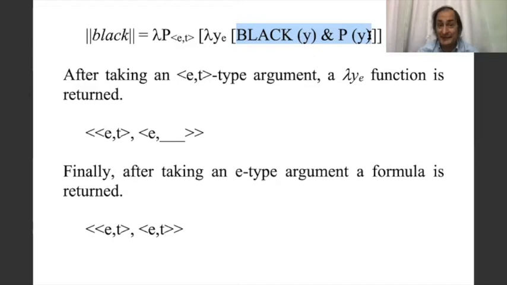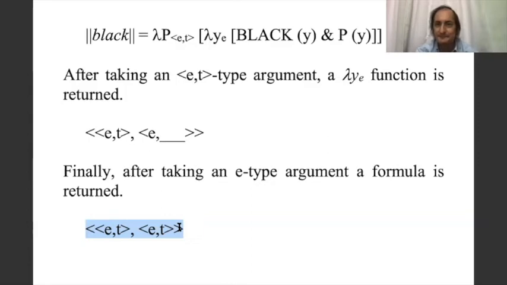Finally, after we give it that E-type expression, we get back a formula, the highlighted formula, and a formula is something that's either true or false. So its type is T. That means what goes into here is type T, and we end up with a final type for this new translation of the word black.